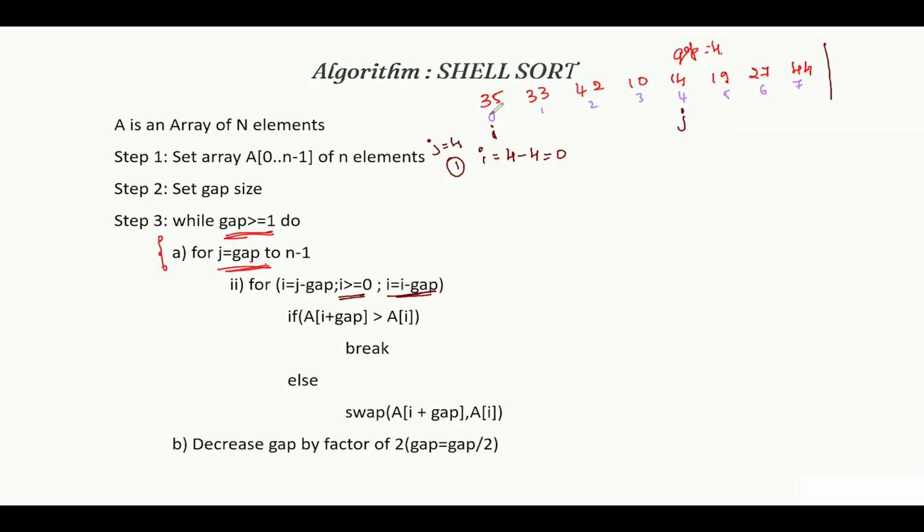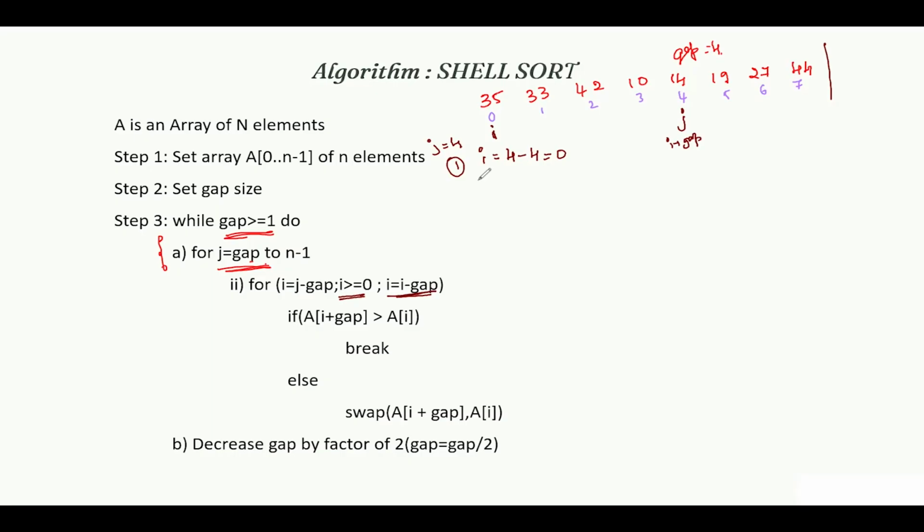If I find that j is greater, here remember that j is also i plus gap, which is your jth position. If this value is greater than this, it is in proper ascending order and I need not perform any action. That is the reason if a of i plus gap is greater than a of i, we will break. Otherwise, it is in a different position and I need to swap. So else we are going to swap those values.